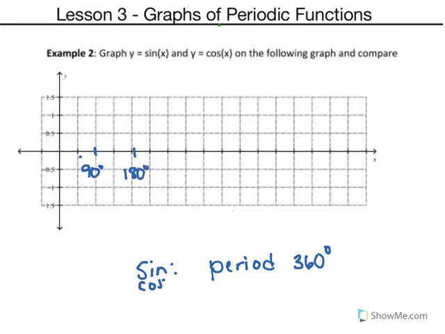It's usually good to take your 360 and divide it by 4, because there's kind of like 4 sections to each sine and cosine graph. So whenever you find your period length, divide it by 4, and that will show you an easier way to label your x-axis.